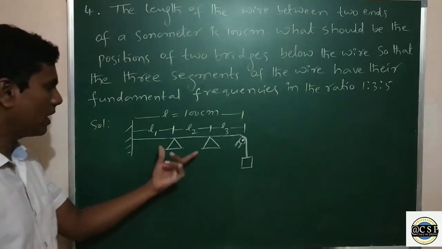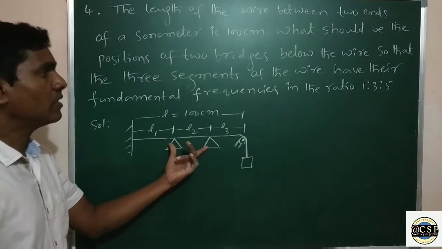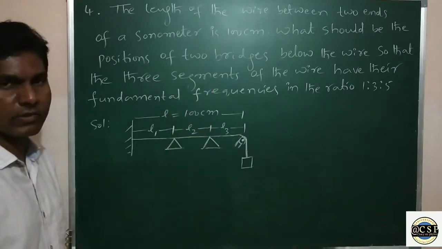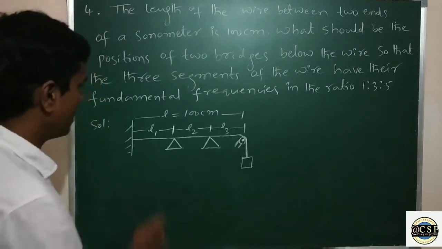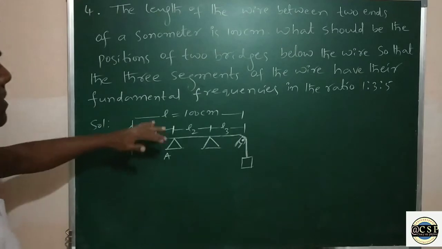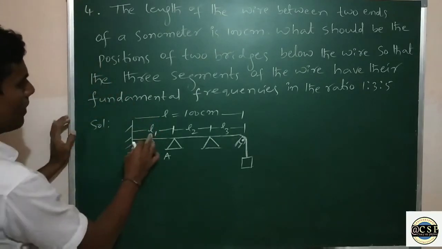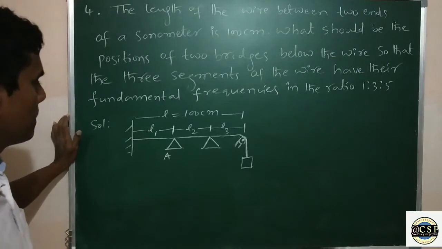Where should we keep these two bridges to produce the maximum sound? The frequency ratio is given as 1:3:5. These are the lengths of the segments, L1, L2, L3.